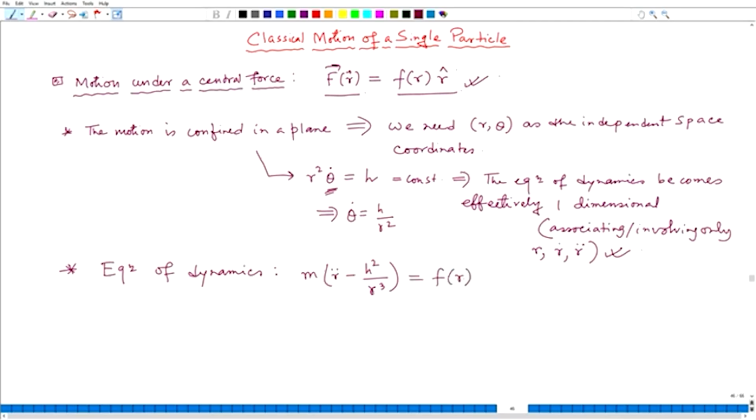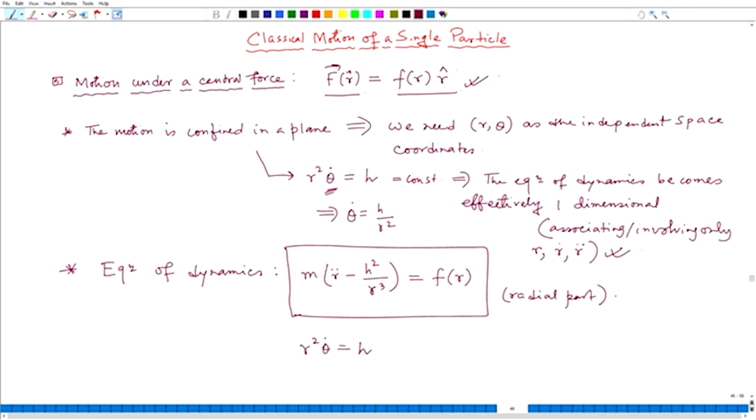Now, we are simply saying this is the equation of dynamics under a central force. This is the radial part of equation of dynamics, and the cross radial part simply says r square theta dot is equal to h.